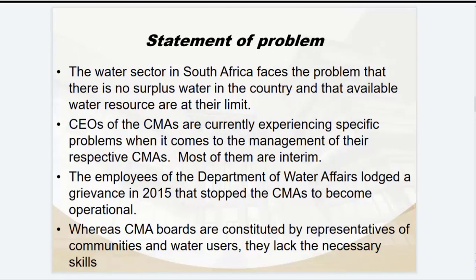Therefore, we only had 2 permanent chief executive officers leading them. And in other provincial offices, because the department also had 9 provincial offices, we had 7 acting chief executive officers, and these are the ones that were experiencing problems.